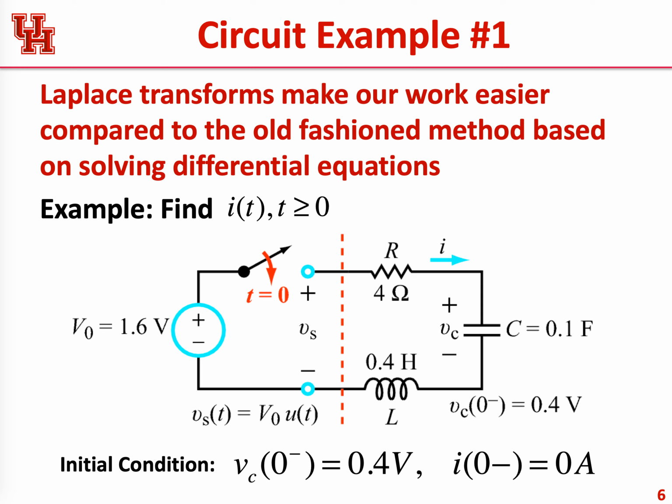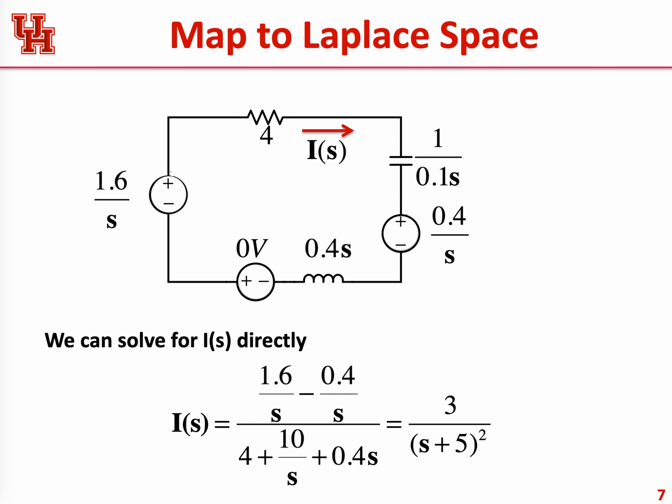But remember, this one is going to be backwards, so it's going to be wired kind of like that. And the initial current through this is 0 amps, so this source is going to be 0 volts. So in this example, we don't have to worry about the initial current in the inductor because it just happened to be 0 for this particular example.